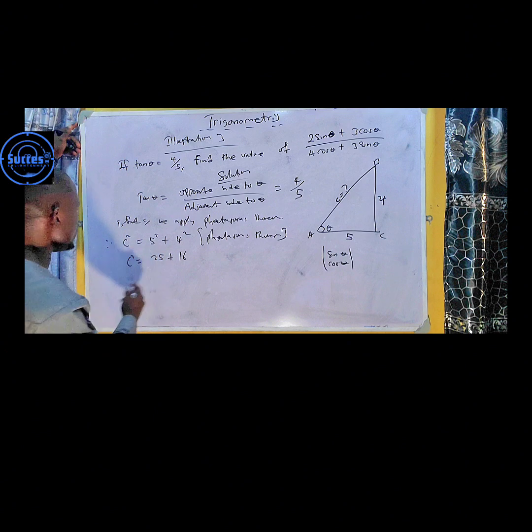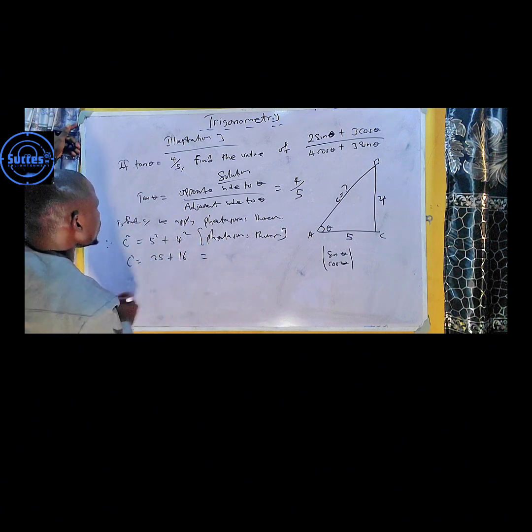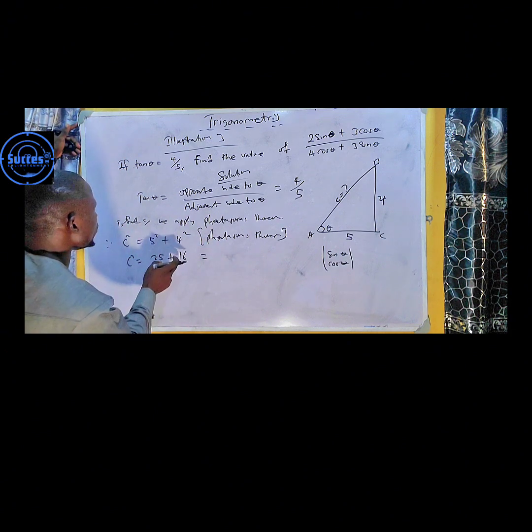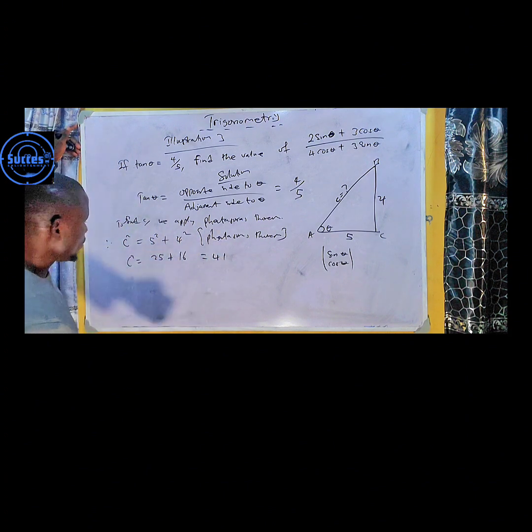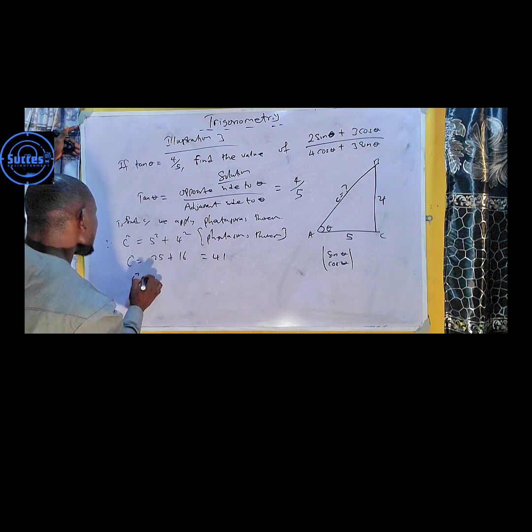Press your calculator: 25 plus 16 will give you 41. So c square equals 41.